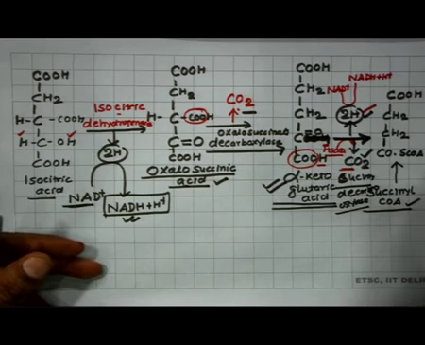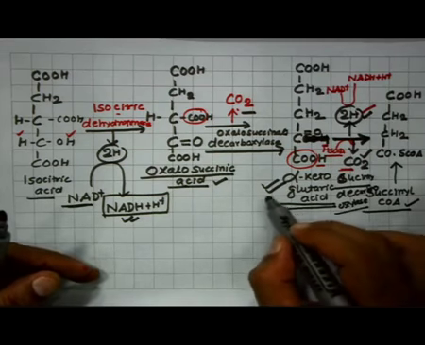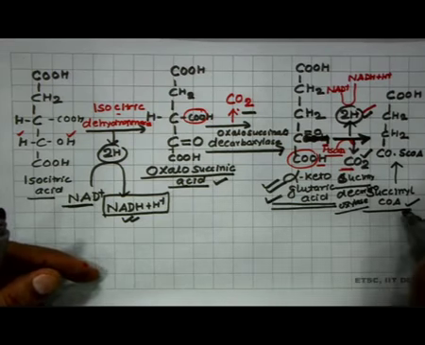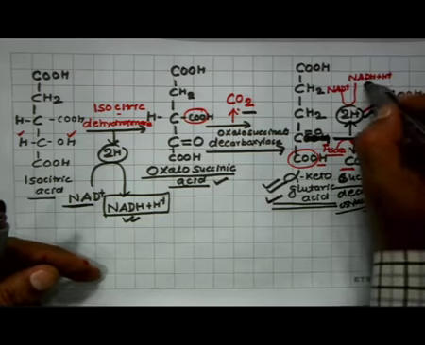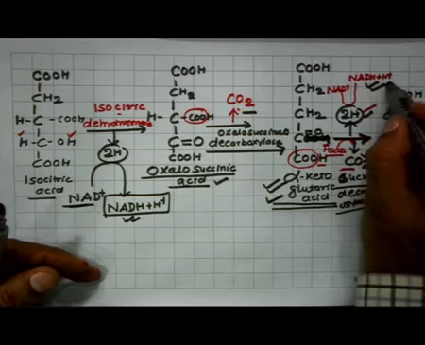Succinyl decarboxylase is involved, and the alpha ketoglutaric acid is converted into succinyl coenzyme, and as a product another NADH2 is formed, NADH plus H plus.